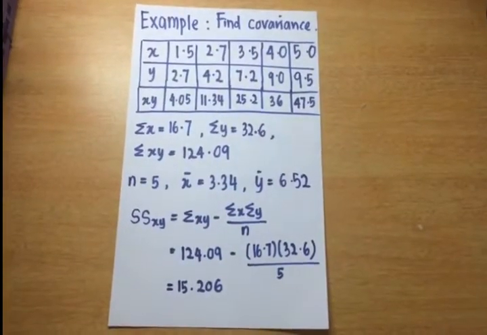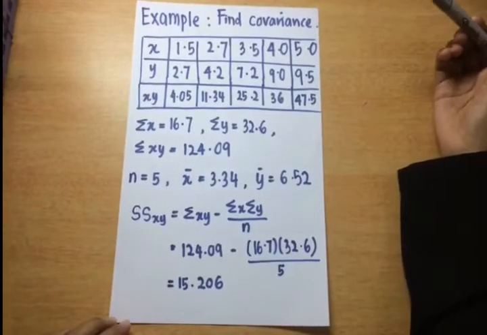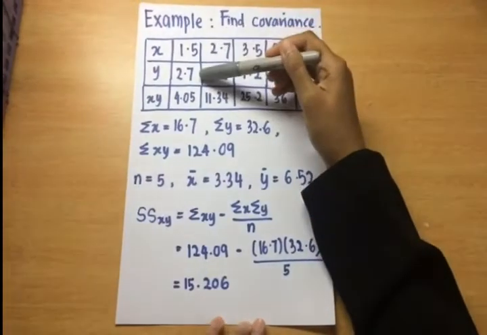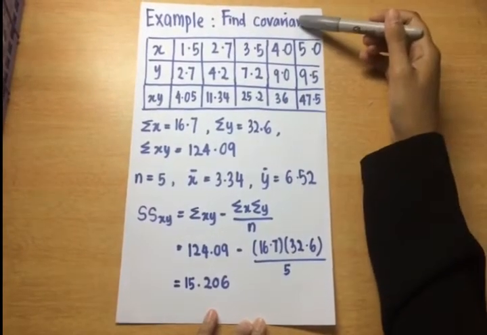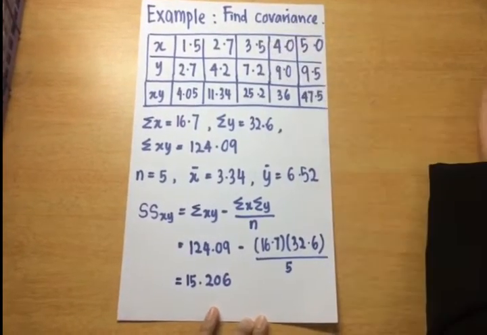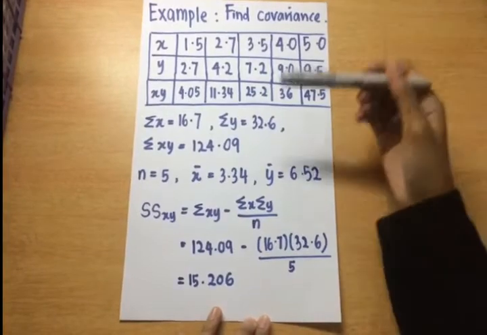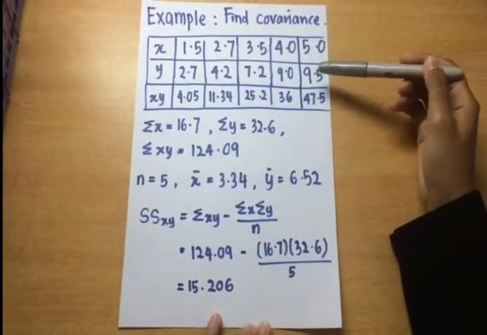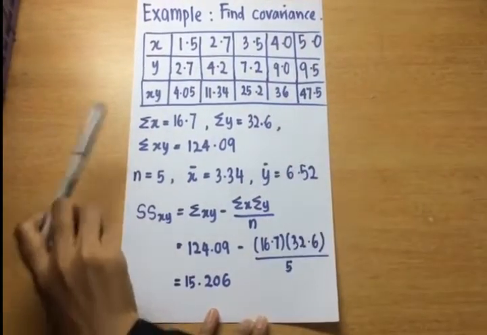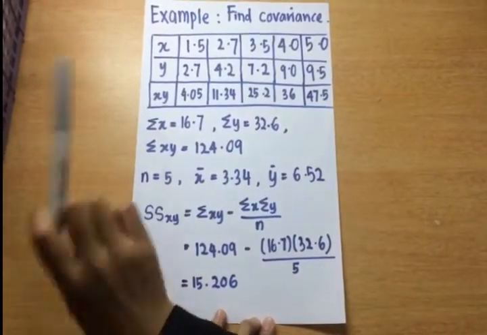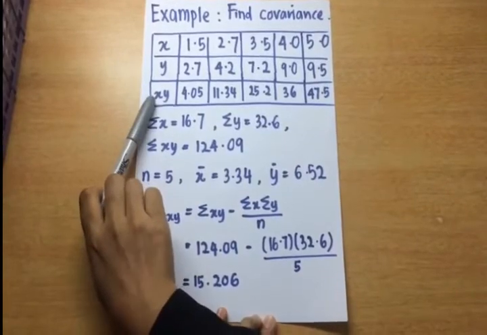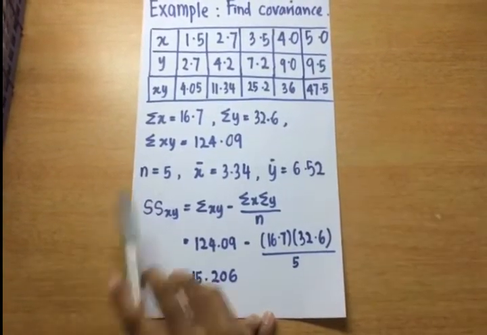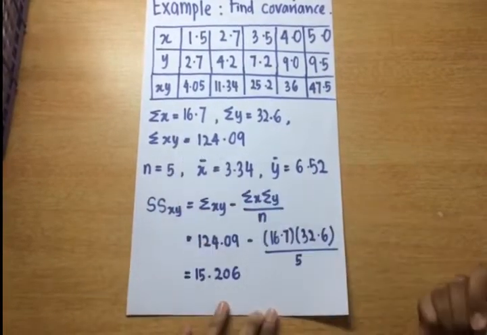Let's see an example on covariance. Here we have been given data on x and y, and we have to find the covariance of x and y. First of all, we have to find the summation of x and the summation of y, also the value of x multiplied by y, and find the summation of xy.